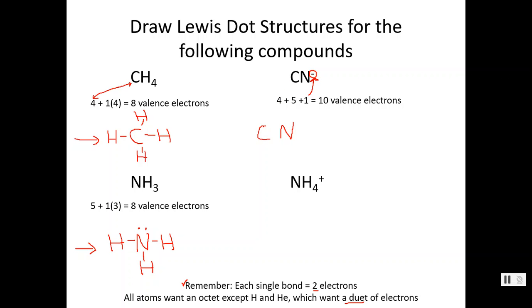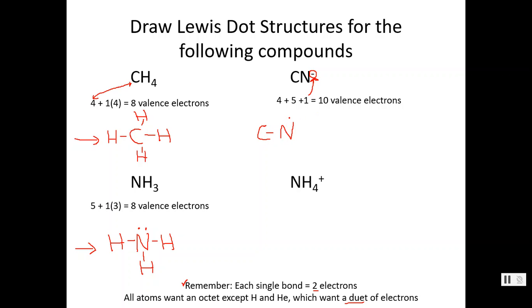So I've written down my carbon, I've written down my nitrogen. I'm going to do my single bonds, remembering that a single bond is 2 electrons. So I've got a single bond between the carbon and the nitrogen, and I've used 2 of my 10 valence electrons.